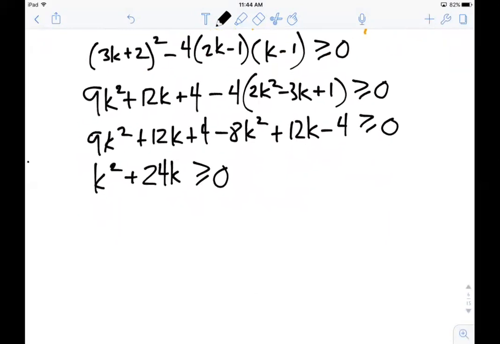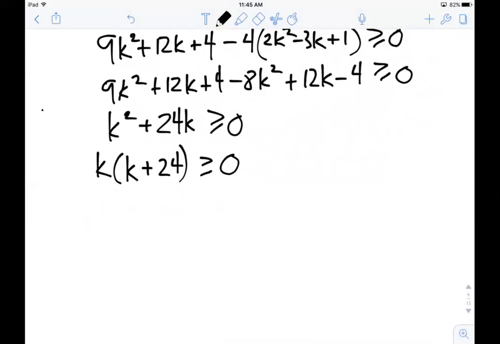And now we have a quadratic on the left side, and it can be factored pretty easily using common factoring. So I can pull a k out and leave another factor of k plus 24. That all has to be greater than or equal to 0.